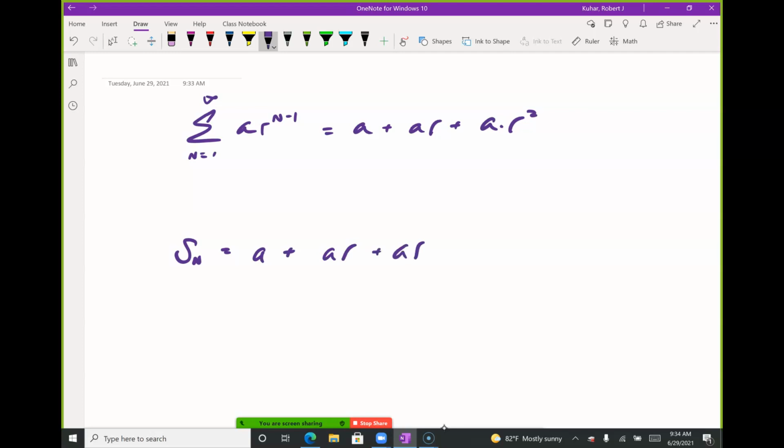So r squared up to, you know, where would I want to end this? Well, if I'm going to infinity eventually, I'm going to get to some number like 100, and I'm certainly going to get to the one before that, like 99.